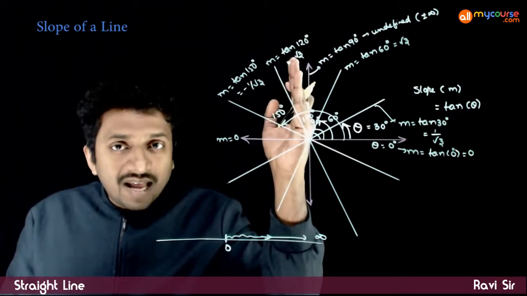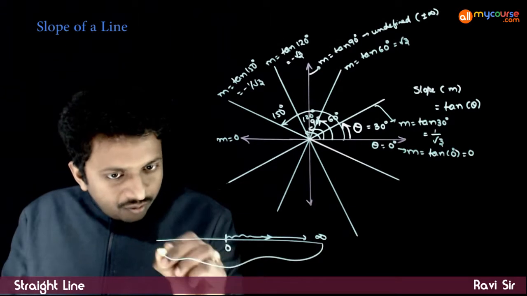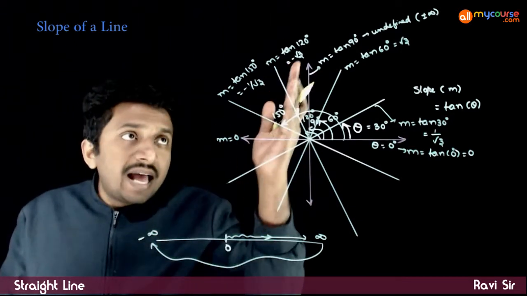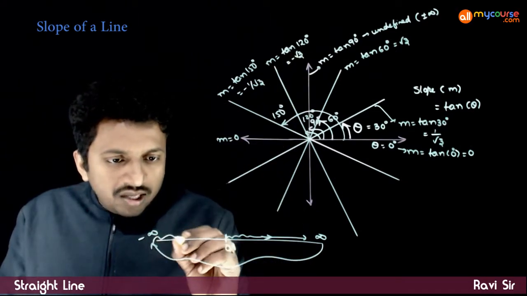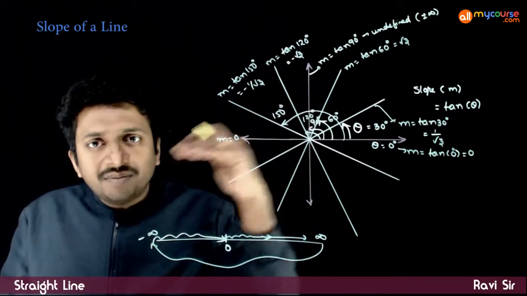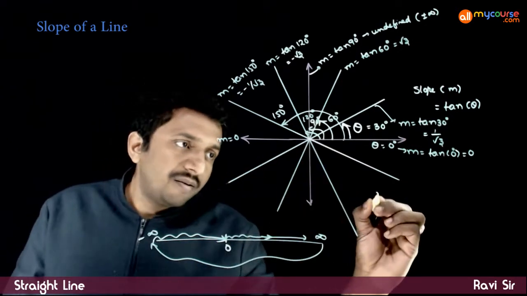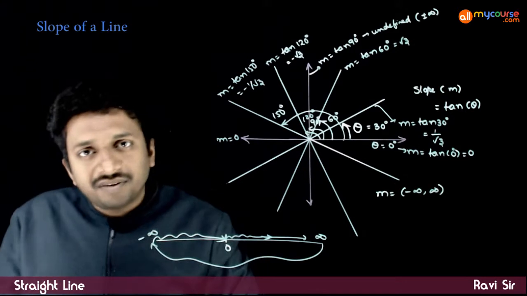The value of tan is infinity but on the negative side. So it just jumps on to minus infinity, and as the inclination increases, it slowly falls back to 0 by the time it again becomes horizontal. So the values of slopes go from minus infinity to plus infinity.